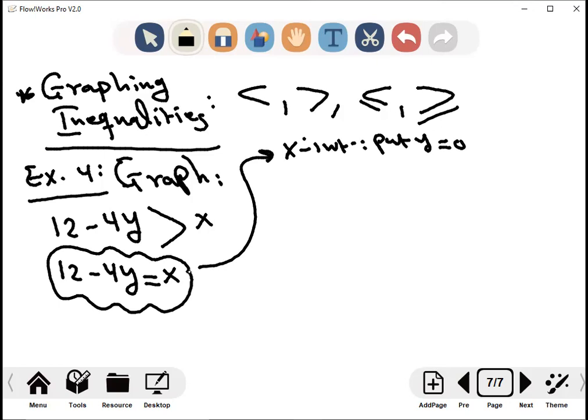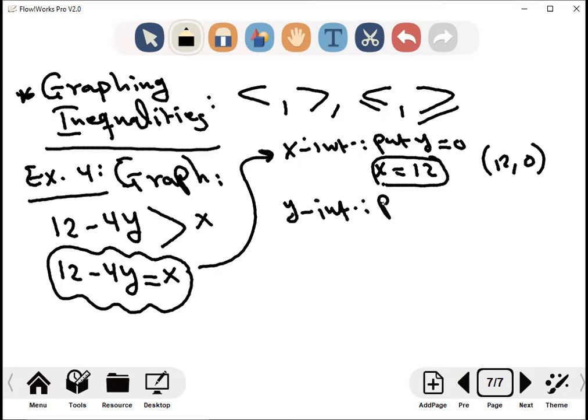Put y equals 0. 4 times 0 is 0, so 12 equals... So x is how much? 12. So I have the x-intercept, which is 12 and 0. Okay? Now let's find the y-intercept. Put x equals 0. So 12 minus 4y equals 0.